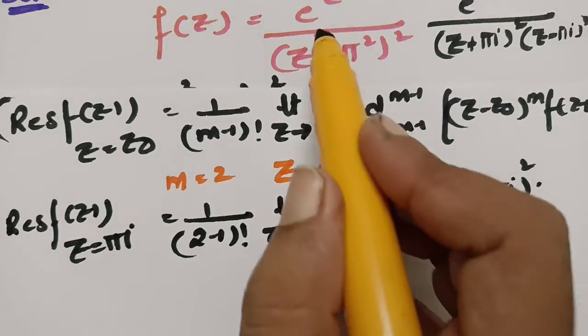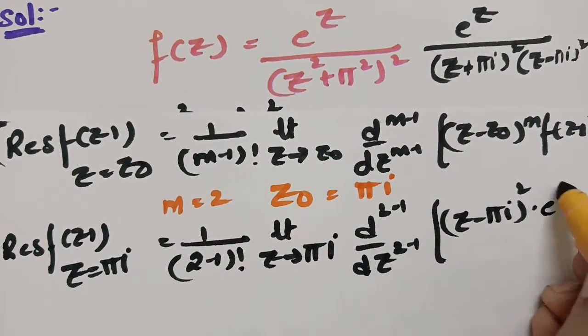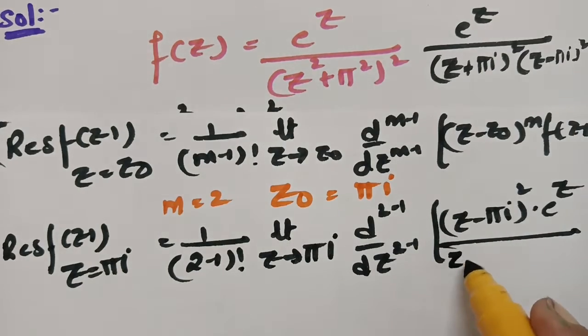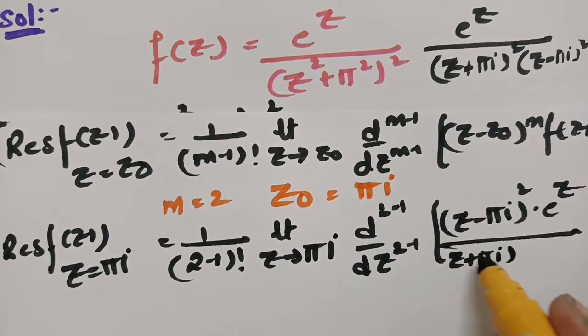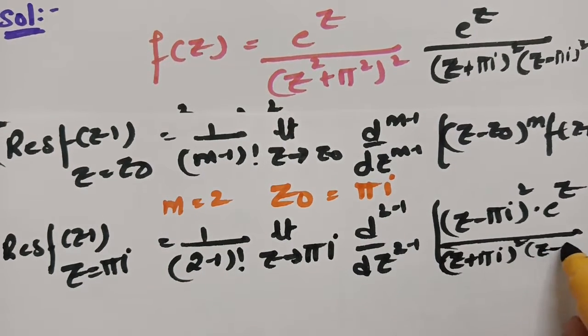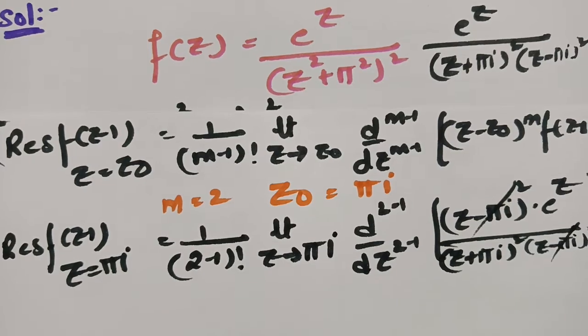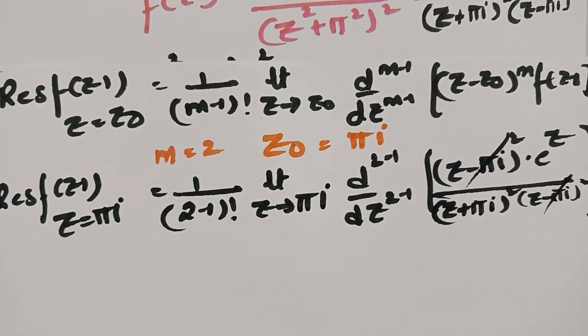So f of z is e power z by z plus pi i whole square into z minus pi i whole square. Clear? z minus pi i whole square and z minus pi i whole square got cancelled.